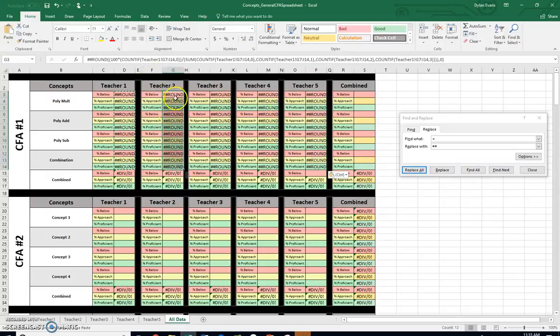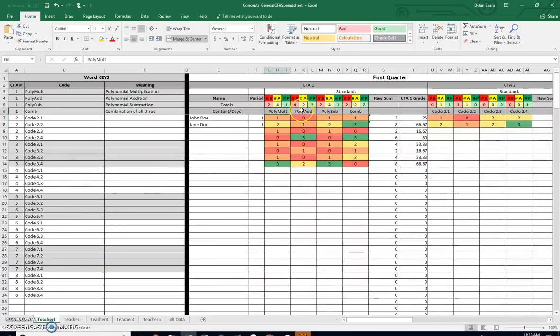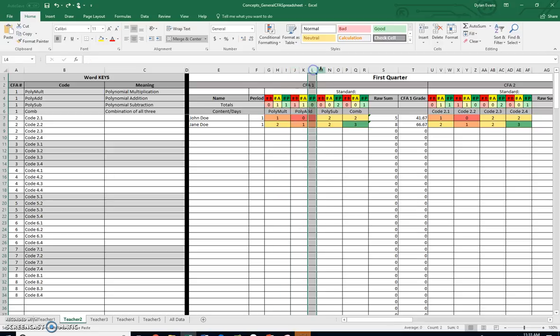Now for teacher 2, notice that if I pick any one of these functions, all of the ranges of information are right, because for teacher 1, for multiplication, addition and subtraction, it's the same range of cells, G through I, J through L for addition. For every teacher, they have that same range of cells.